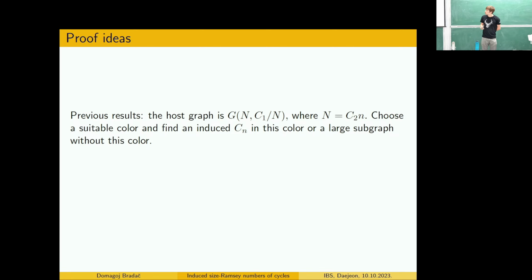There are various approaches. And then depending on what suitable means for you, you either guarantee that you find your induced cycle, or if you took a weaker suitability condition, you maybe say, oh, I either find the cycle that I want, or I find a large subgraph which doesn't contain this color, and then I can recurse inside this large subgraph.